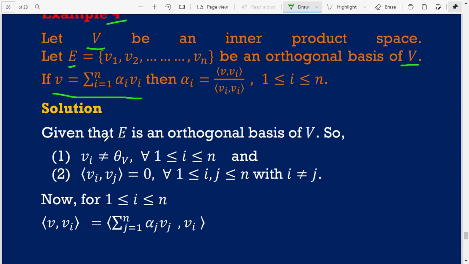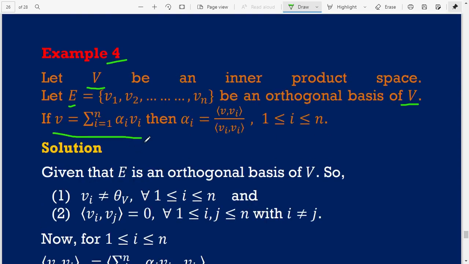Solution: given that E is an orthogonal basis of V, so by the definition of orthogonal basis, first, vi is not equal to the zero vector for every 1 ≤ i ≤ n.